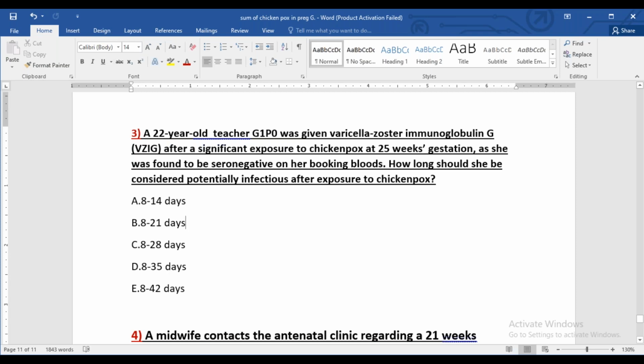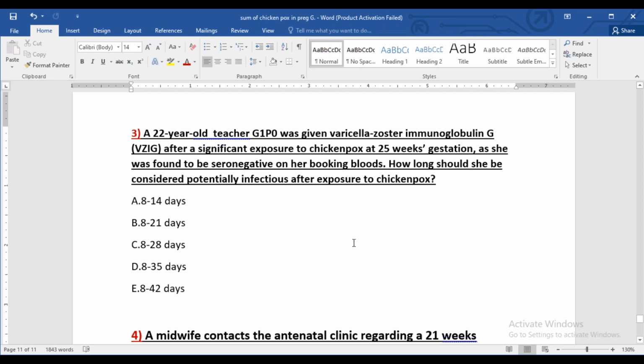A 22 years old teacher, gravida 1 para 0, was given varicella zoster immunoglobulin after a significant exposure to chickenpox at 25 weeks of gestation. As she was found to be seronegative on the booking bloods, how long should she be considered potentially infectious after exposure to chickenpox?